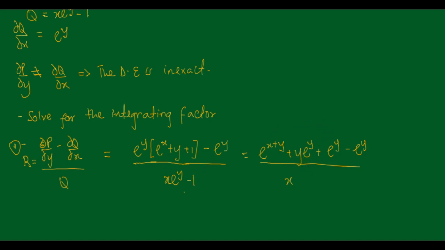So this becomes divided by x e raised to the power of y minus 1. So simplifying, we have this to become x e raised to the power of x plus y e raised to the power of y divided by x e raised to the power of y minus 1. So it is clear that this can't be further simplified, and this is a function in x and y.